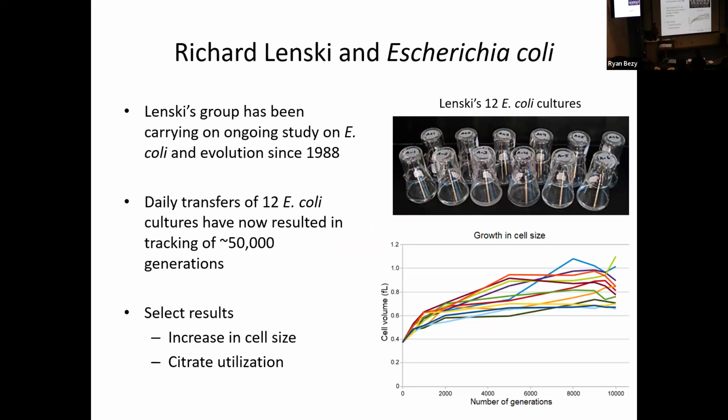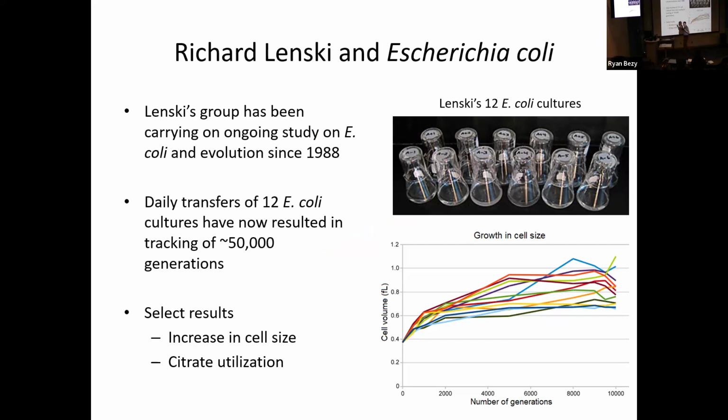This one takes a little bit to go through, but Richard Lenski has been doing experiments with Escherichia coli bacteria. Lenski's group has been studying the Escherichia coli strain since 1988. Actually, what they did is they took an ancestral population of E. coli. They divided it up into 12 different flasks.